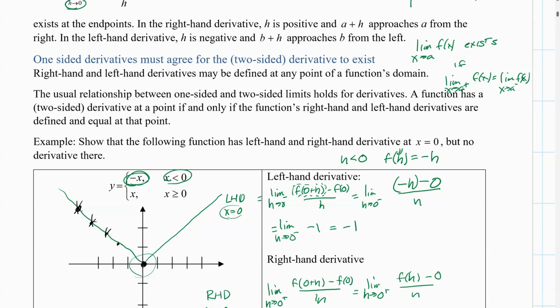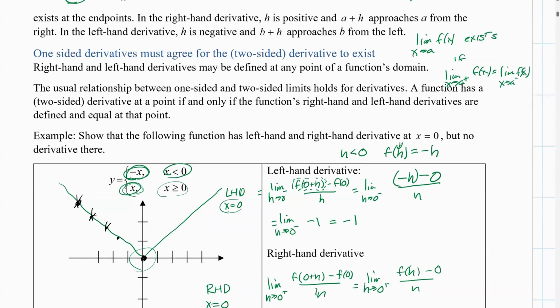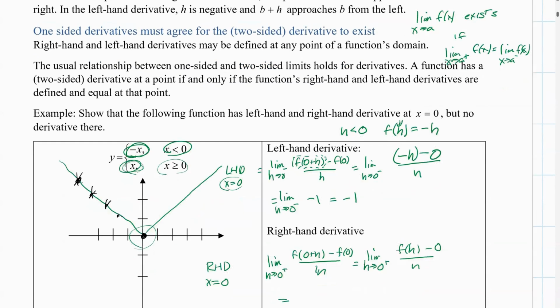Now, f of h, when h is slightly positive, that's using this definition, which means it ends up being the limit as h approaches 0 from the positive side of h over h, which is equal to 1.